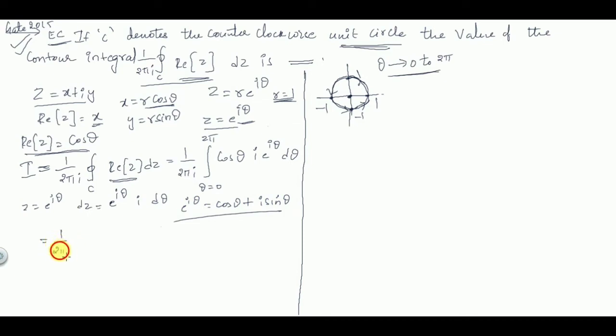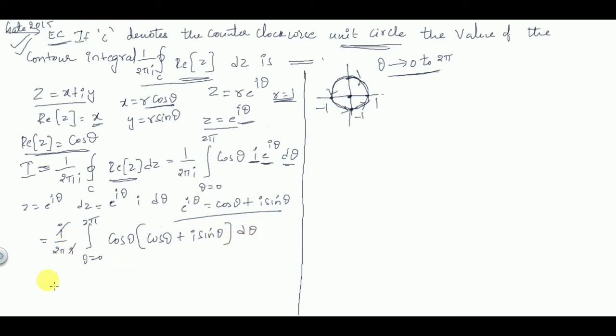1 by 2 pi i. This i is a constant, you can write it outside because it is not depending on theta. So 1 by 2 pi i integral theta is equal to 0 to 2 pi cos theta into cos theta plus i sin theta d theta.